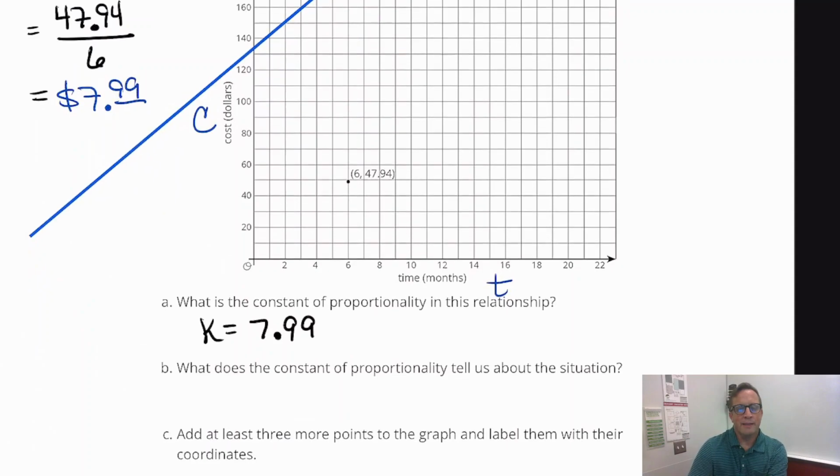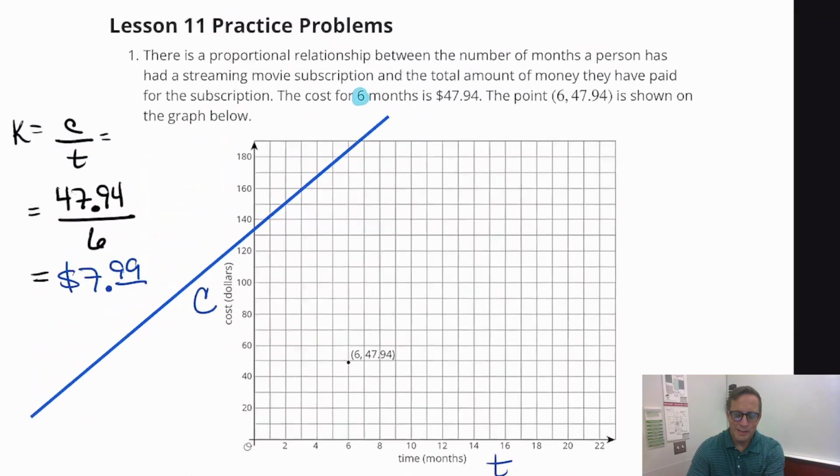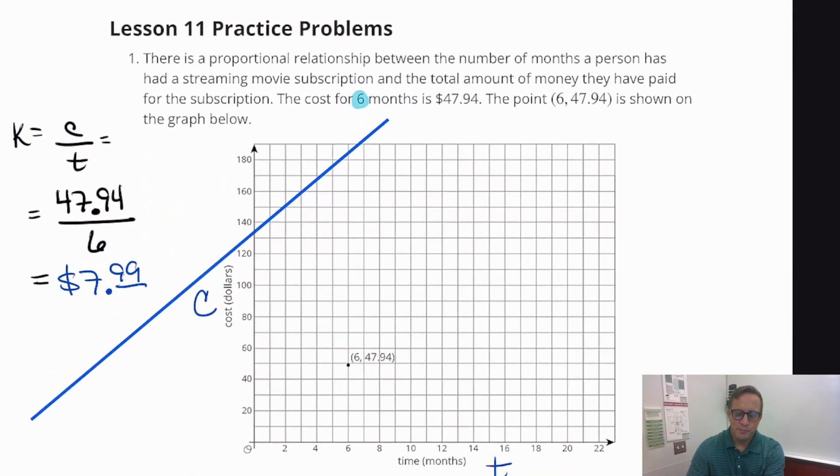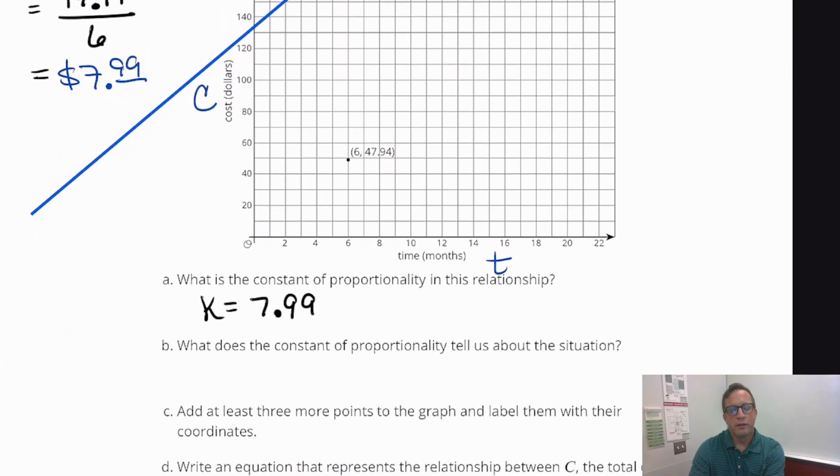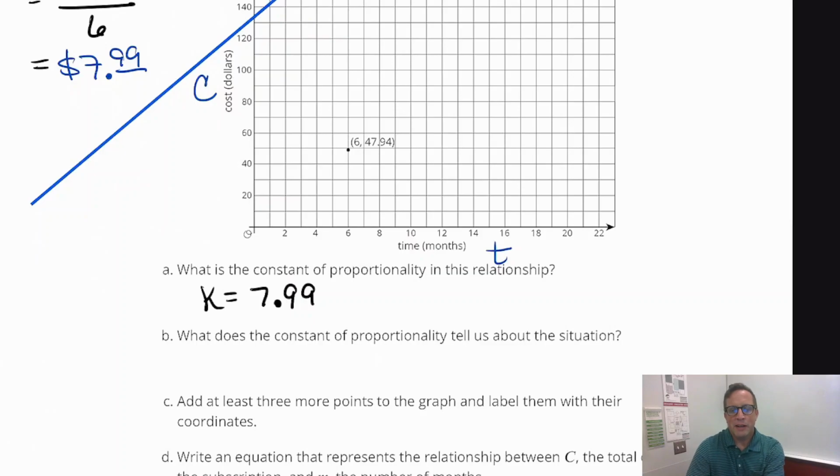All right, what does the constant of proportionality tell us about the situation? Well, when you find the constant of proportionality, you're finding the unit rate.